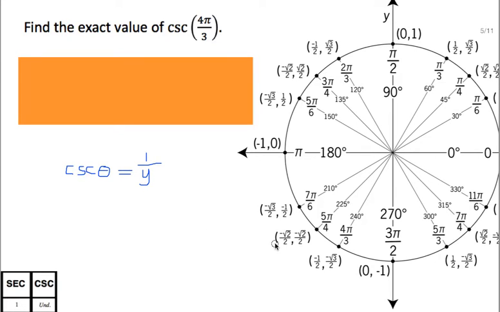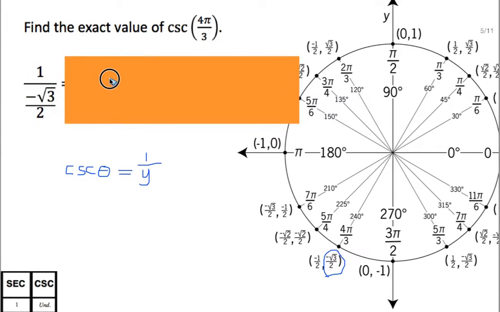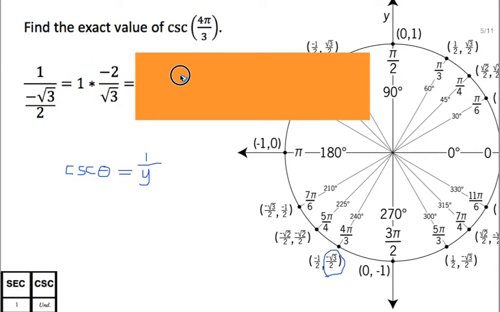So 1 over your y value there. And at 4 pi over 3, my y value is negative square root of 3 over 2. Okay, so we would set up our fraction with 1 over negative square root of 3 over 2. Keep flip change. You do this.